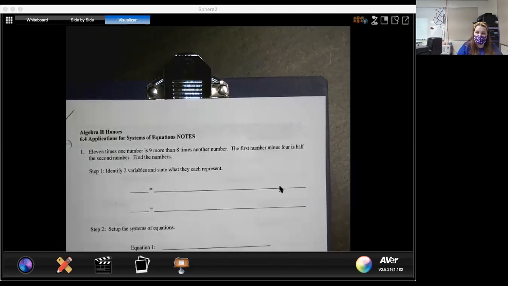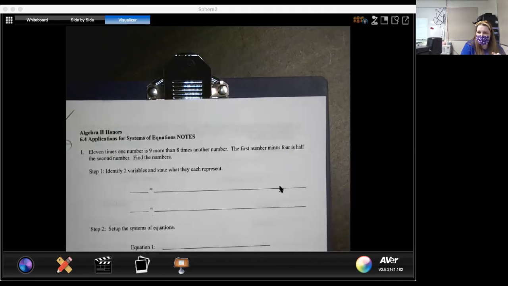So first thing to start is always to identify variables, okay? And you need to state what they represent. You can pick any variables you want. I would highly suggest not including I or O, because I obviously is an imaginary number we've learned about before, and if you use O, it can look like a 0. So typically we just resort with X and Y for a problem like this.